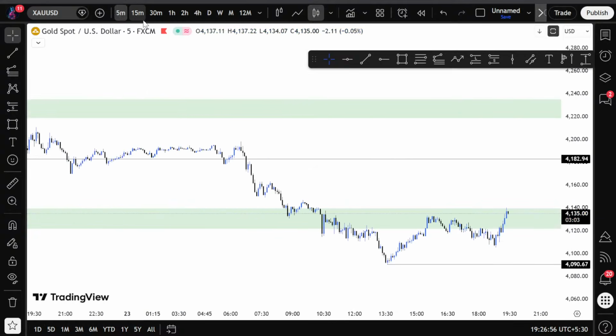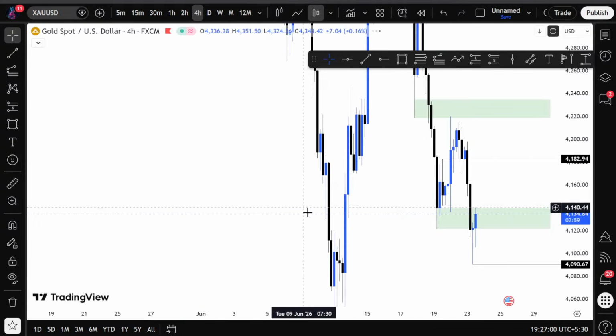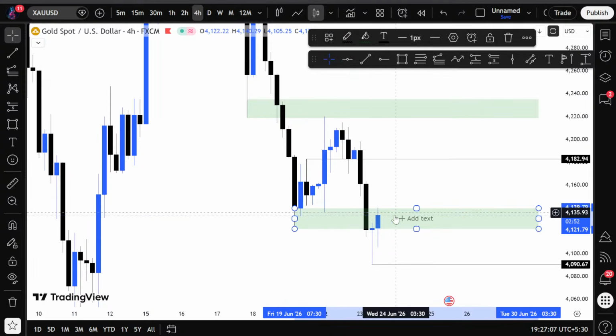5 minute is bullish, but 15 minute and 1 hour, 4 hour, they are still bearish. This is still a rejection area of 4 hour. We are still watching this.